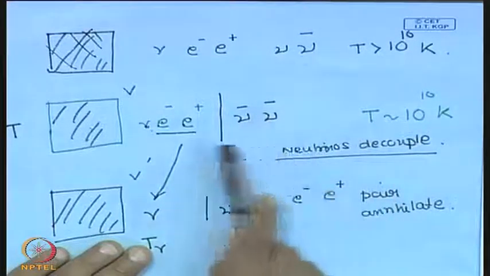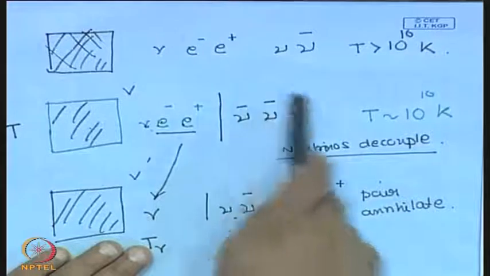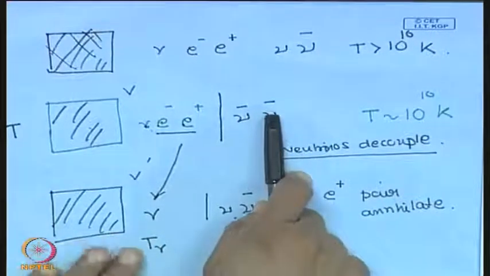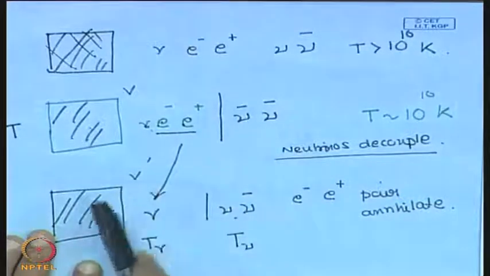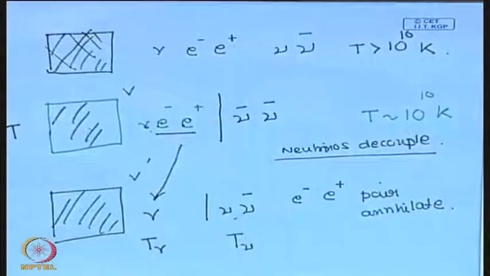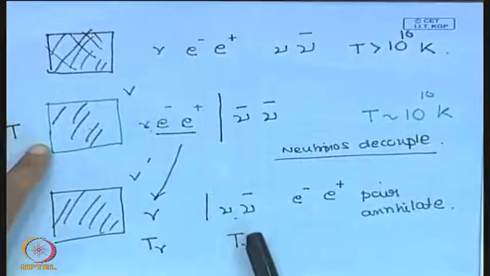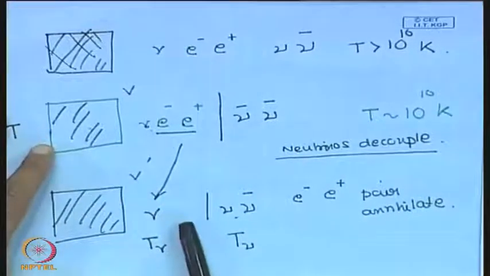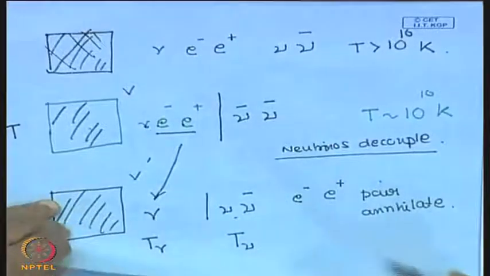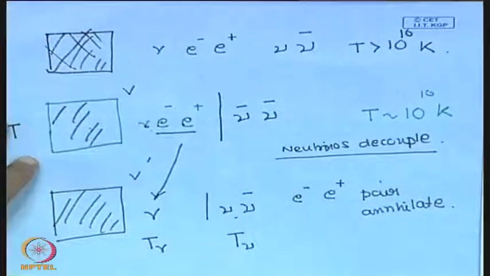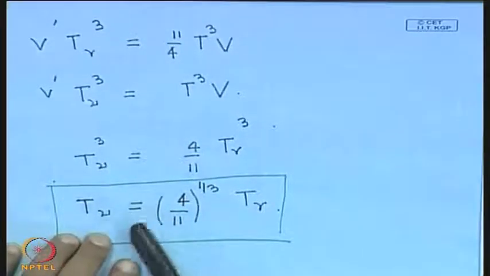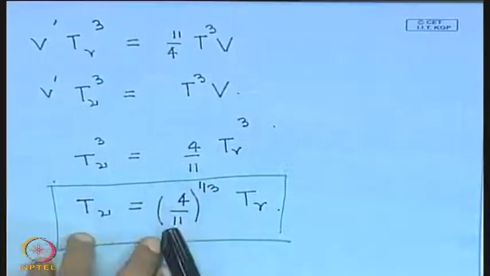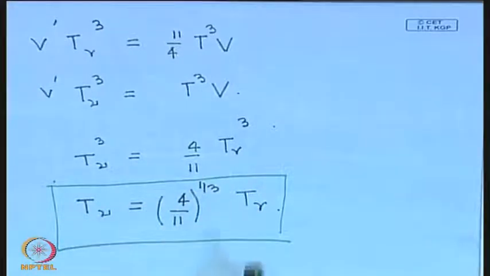Then the neutrinos go out of thermal equilibrium because their interaction rates are very weak, so they just free stream, and then the electron positron pairs annihilate, and the electron positron annihilation pumps extra energy into the photons. Though the neutrinos and the photons started off with the same temperature, the photon temperature gets jacked up by a factor which is 11 by 4 to the power 1/3 relative to the neutrino temperature.